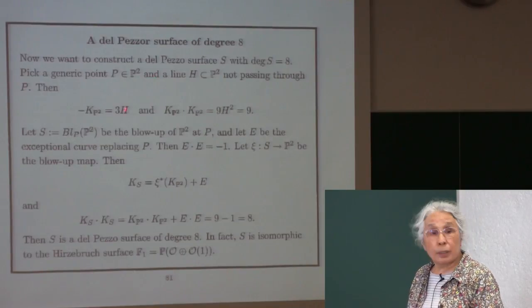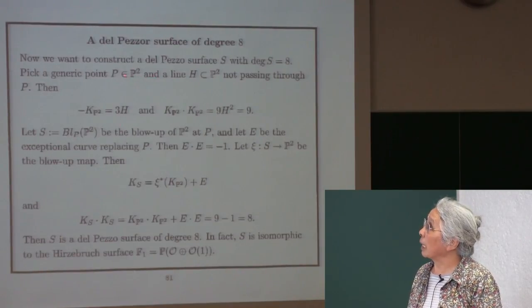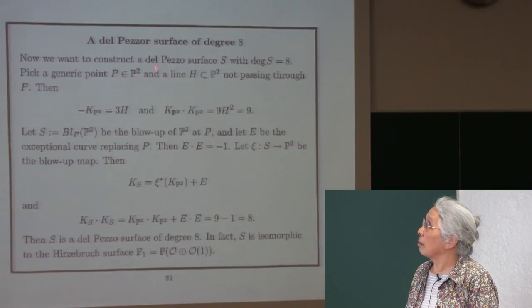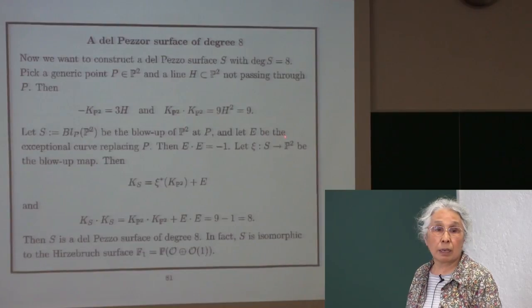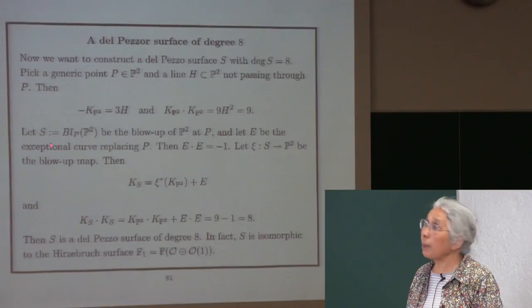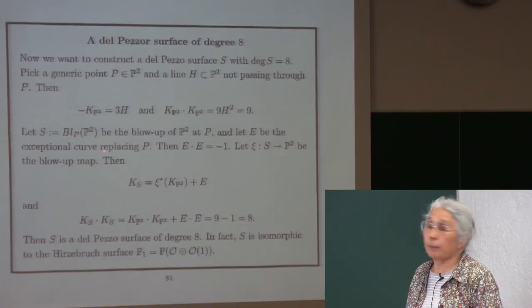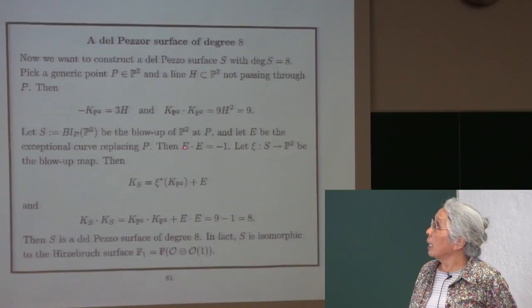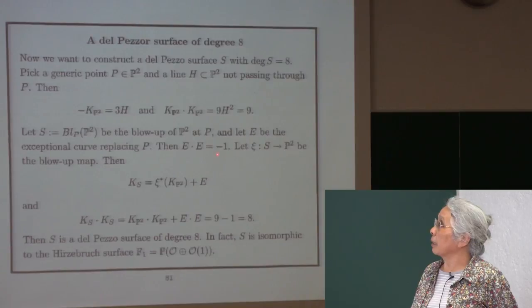So pick a generic point, and blow up P2 at this point. Let H be the class of a line not passing through this point P. Then the anti-canonical bundle of P2 is 3H, and the self-intersection is 9H squared, which is 9. Now let S be the blow-up of P2 at this point P, and E the exceptional divisor replacing P. The self-intersection of the exceptional divisor is -1, so it is a -1 curve.